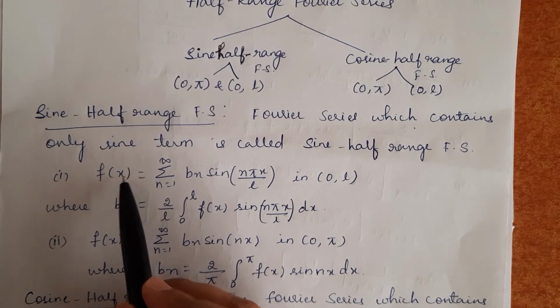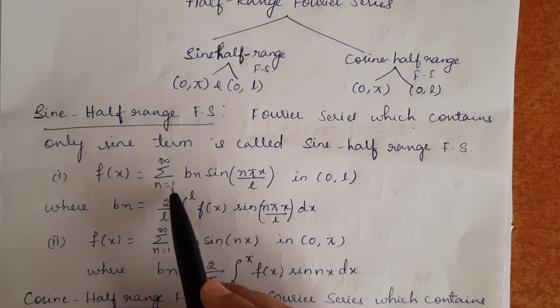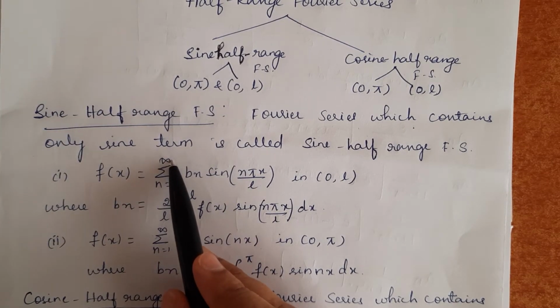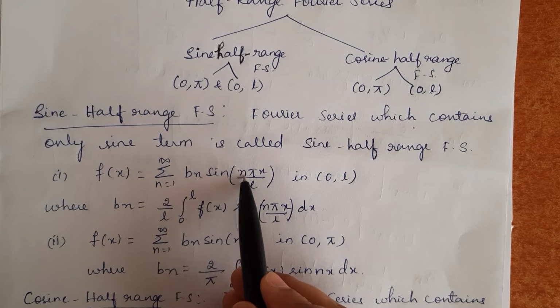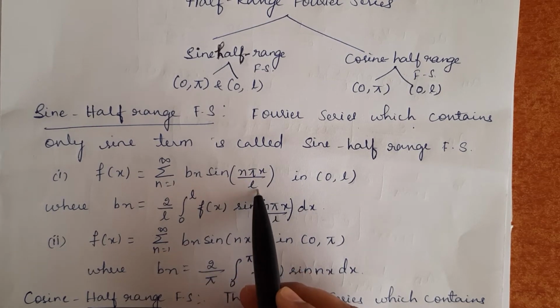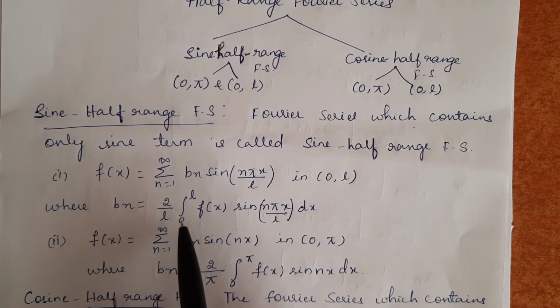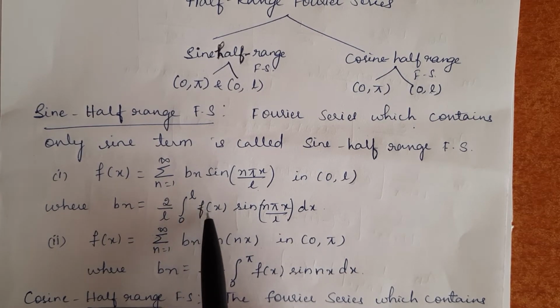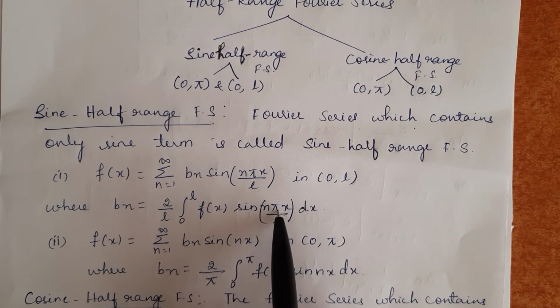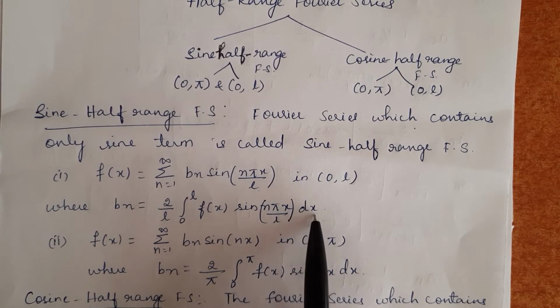f of x is equal to summation n equals 1 to infinity bn sine n pi x by L, where bn is equal to 2 by L integral between 0 to L f of x sine n pi x by L dx.